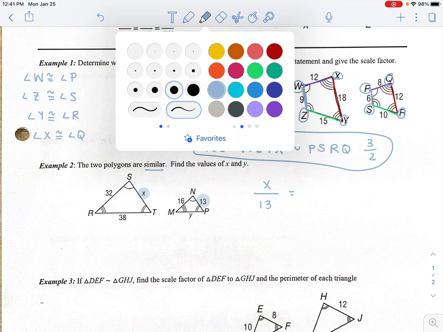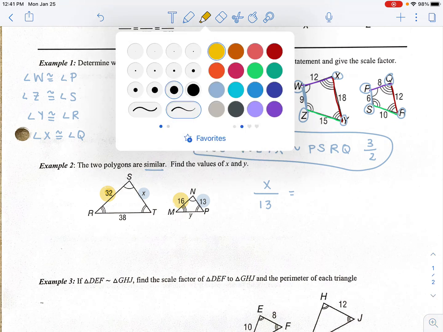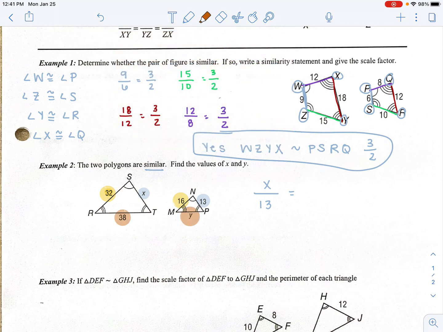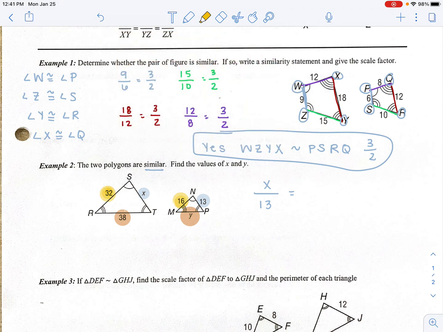x/13 equals. We want to set up a proportion here. You're looking for two sides that we definitely know the numbers for. So I've got the 32 and the 16, and I also have the 38 and the y. Let's avoid the 38 and the y because we don't want to have multiple variables. So we're going to just focus on that 32 and that 16. So I'm going to say 32/16.